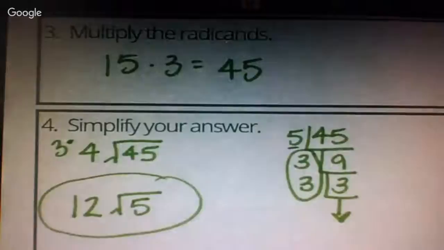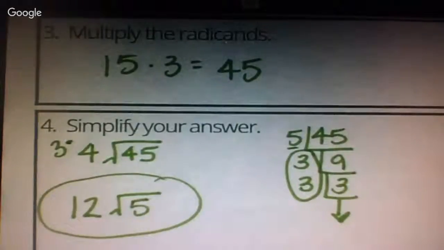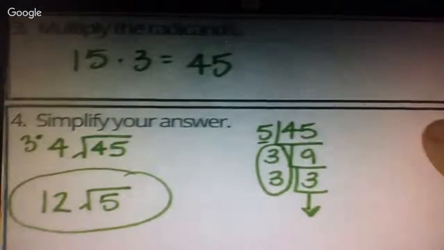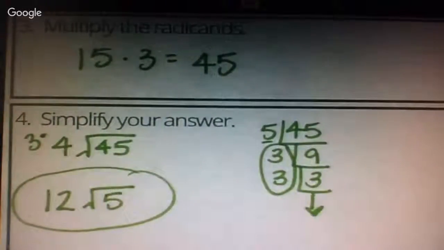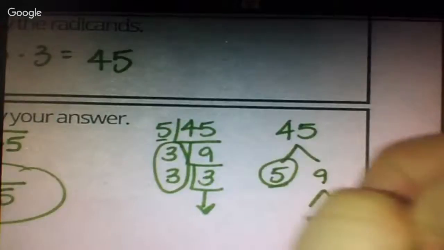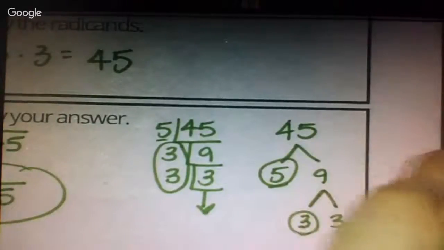How would you do this with the factor tree? Wait, can you go back over that again? How'd you get 12? 3 times 4, which you pull out front. And you already have a 4 out there. So if you would have done this factor tree, it's the same thing. 45 breaks down into 5 and 9. 5 is prime. 9 breaks down into 3 and 3. 3's are both prime.